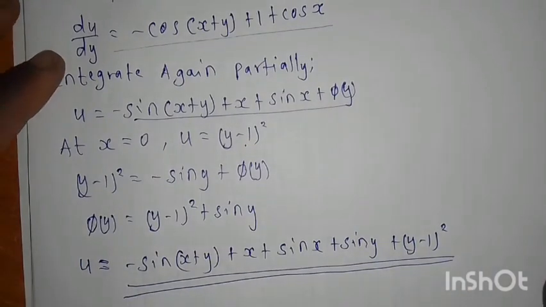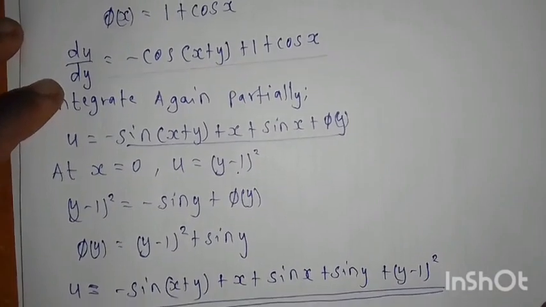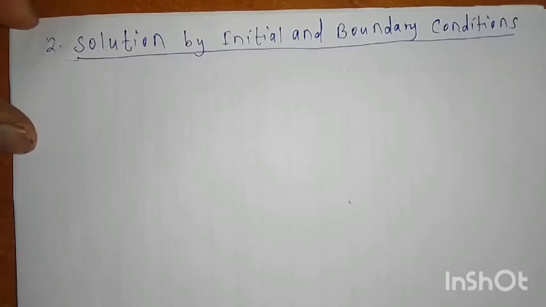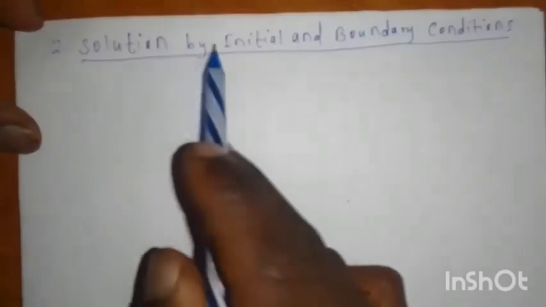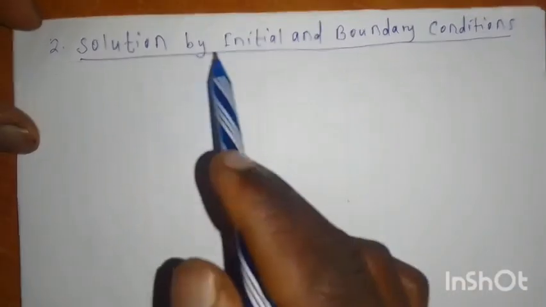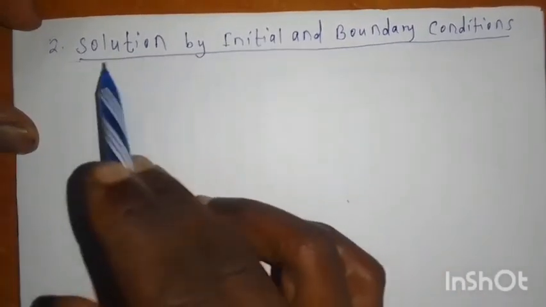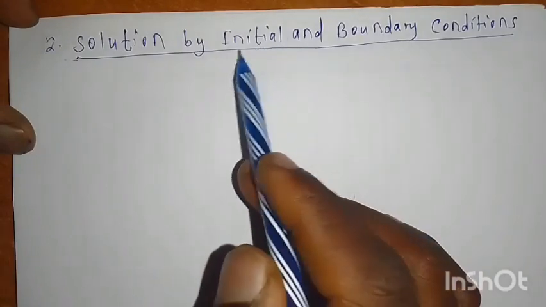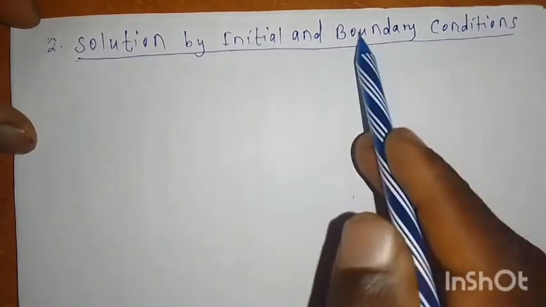We want to look at another method of solving partial differential equations. This method involves solution by initial and boundary conditions. It is not of much difference from the first method, direct integration, only that it includes both the initial and boundary conditions.